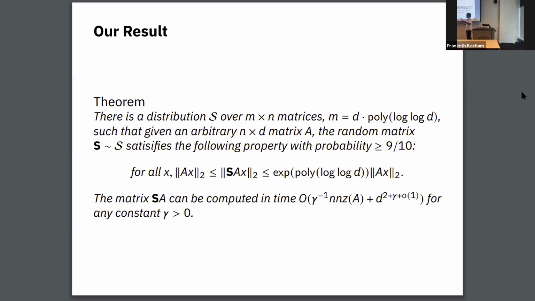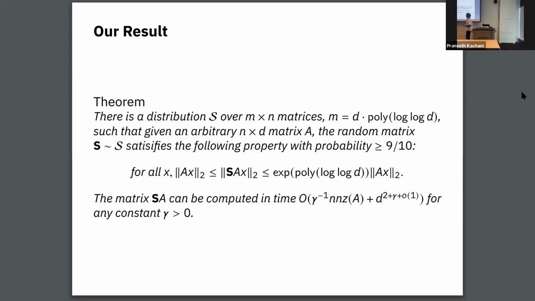The distribution comes first, and for any given A, a sample from this distribution works with probability 9/10, such that for all vectors x, the Euclidean norm of SAx is between the Euclidean norm of Ax and exp(poly log d) times the Euclidean norm of Ax. So here the distortion is not 1 plus epsilon as I alluded to earlier, but it is exponential in poly log d, which is asymptotically smaller than d, just to keep in mind.